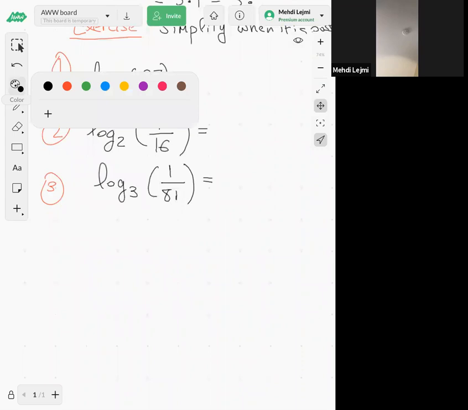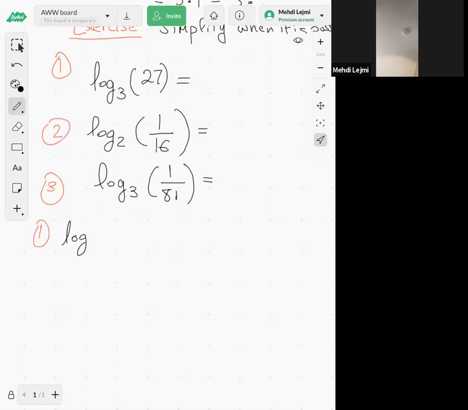So for number one, guys, it's log in base 3 of 27. The idea is to write your 27 as a power of 3. 27 is 3 to the power 3, so it's log in base 3 of 3 to the power 3.